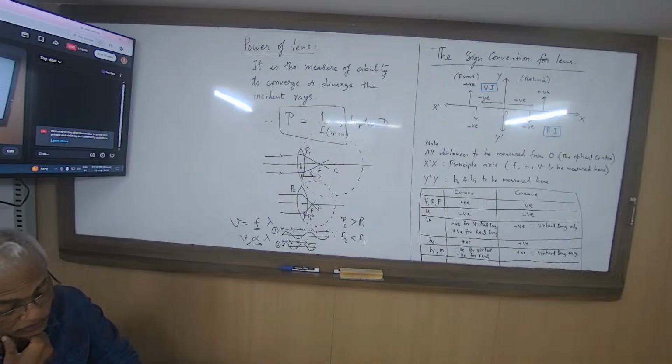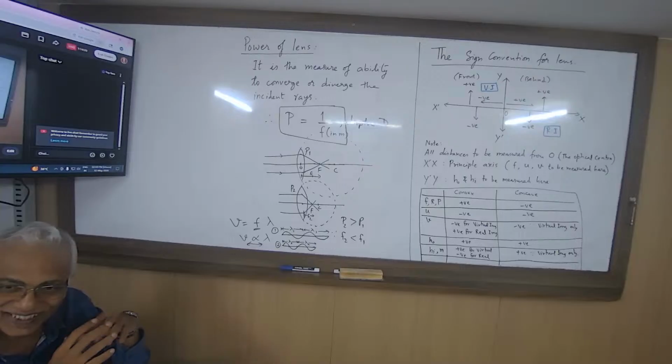Smaller angle of refraction means more bending, right? So more bending means denser medium. So in which medium is the velocity of light minimum? A, B or C?